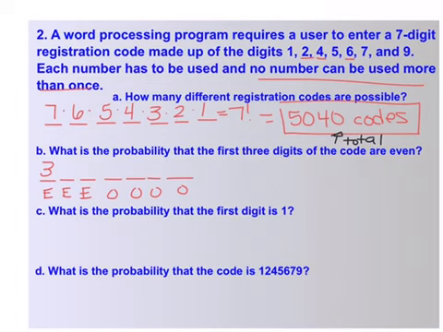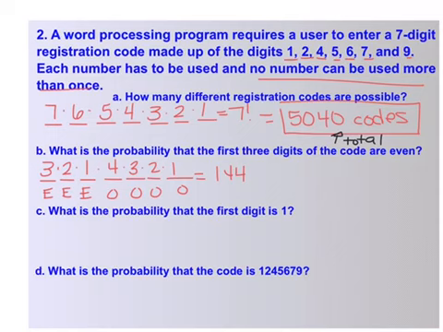Now when I use one, I can't use it again, so now I only have 2, and then I only have 1. Now we go into our odd numbers. We have 1, 2, 3, 4 odd numbers, so we start with 4. Once we use it, we can't use it again, so we have 3, 2, 1. When I plug this into my calculator, I get 144 different ways that I can get the first 3 digits of the code to be even.